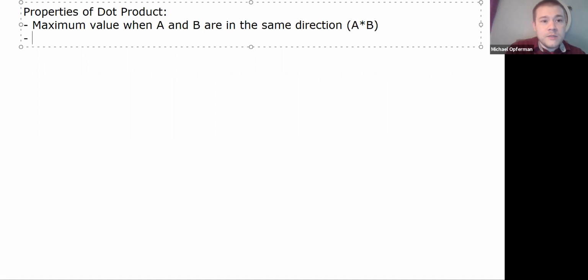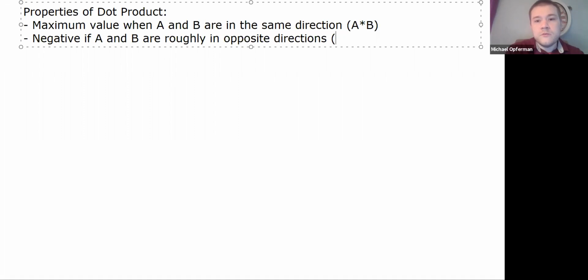It is negative if A and B are roughly in opposite directions. So that would be when you have a theta value greater than 90 degrees. So one of them, say, is in the positive X half, and one of them is in the negative X half, or something like that.